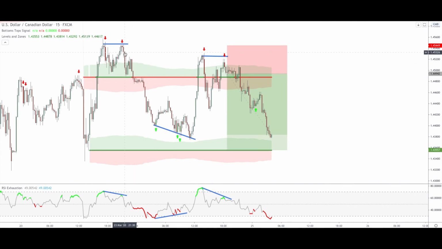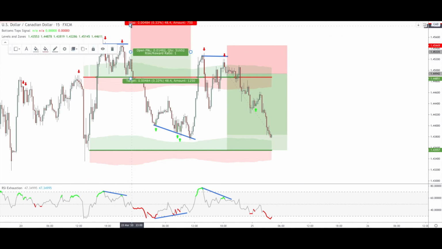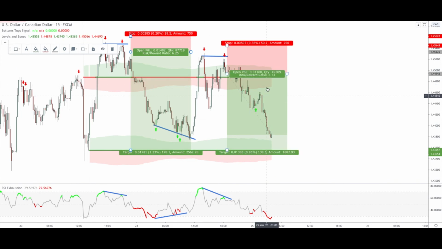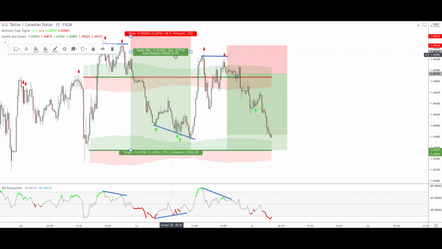It would have been a better trade because the stop loss would have been a bit smaller and the target would have been much higher. It's a very significant difference, because here it's a 2.73, and here you got more than 6. Let's see if the stop loss is right.